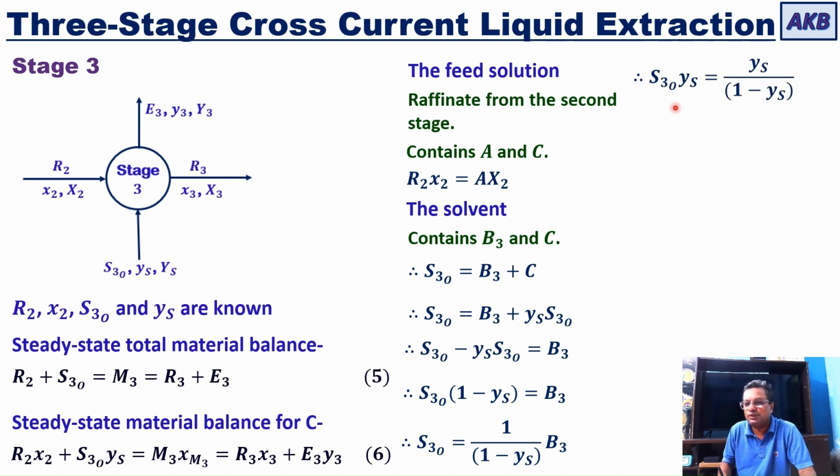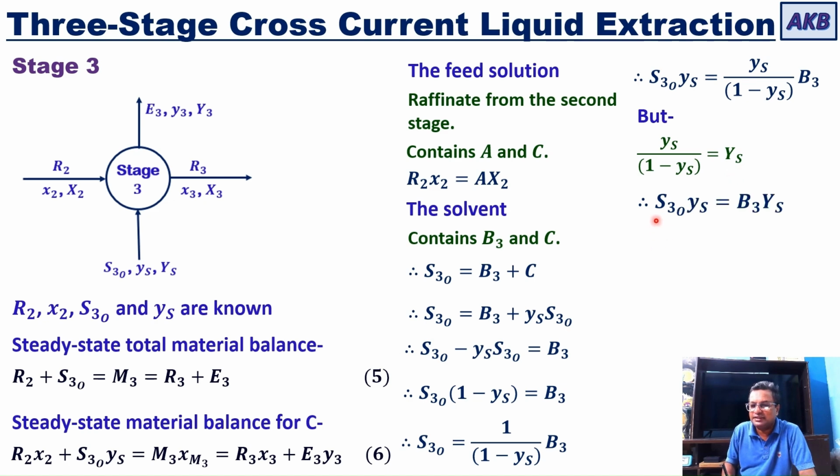And if I multiply with small ys on both sides, it will be S30 into ys is equal to ys upon 1 minus ys into B3, and small ys upon 1 minus small ys is capital Ys, that is S30 into ys is nothing but B3 into capital Ys. In equation number 6, the term S30 into ys can be replaced with B3 into capital Ys.